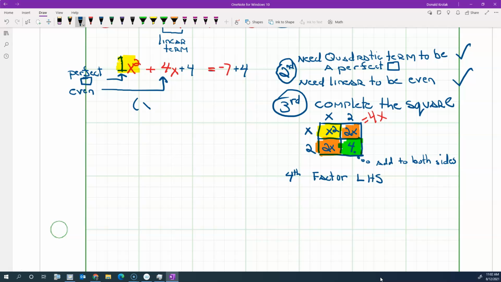This is going to be x plus 2 squared, and over here on the right, negative 3. And then to finish it up, solve the resulting equation.